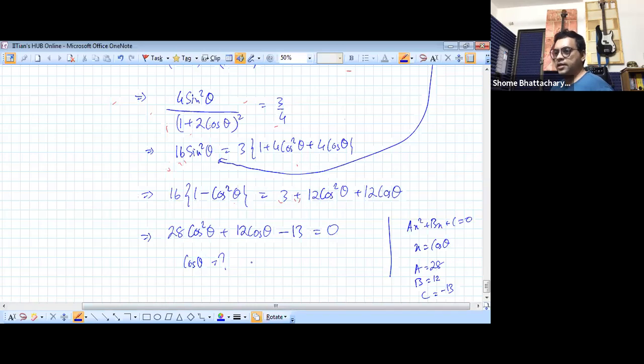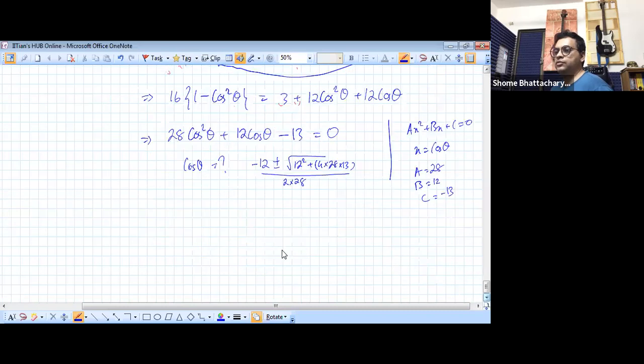So you get cos theta as minus 12 plus minus square root of 12 square plus 4 into 28 into 13, divided by 2a, 2 into 28. So when you do this calculation, this will further come out to be minus 12 plus minus root of 400 divided by 56. So that is minus 12 plus minus 20 by 56.